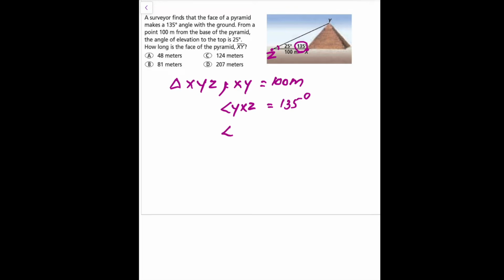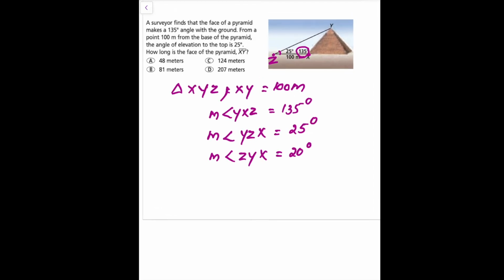That's an obtuse angle, and measurement of angle YZX equal to 25 degree. And we can find the third angle by using the triangle sum theorem. So ZYX equal to 135 plus 25 is 160. So that's 20 degree. So we know all the three angles and one side.